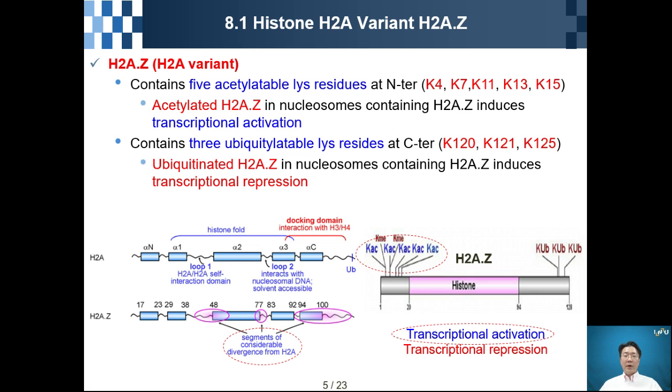On the contrary, H2AZ also contains 3 ubiquitinatable lysine residues. They have 3 lysine residues at the C terminal: the 120th amino acid is lysine, the 121st amino acid is lysine, and the 125th location is also lysine.